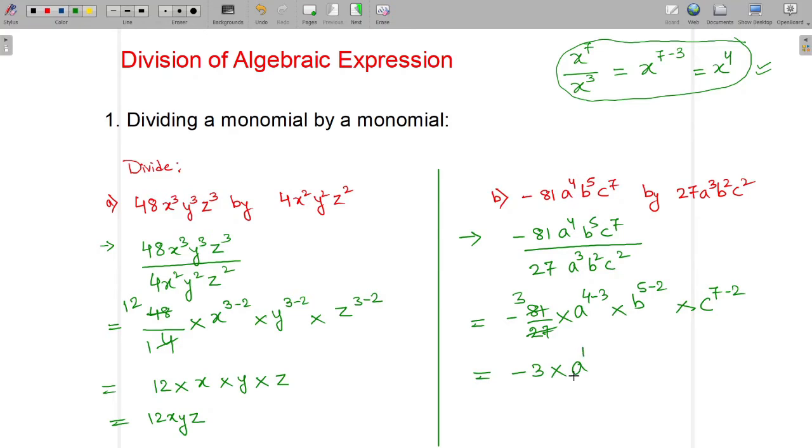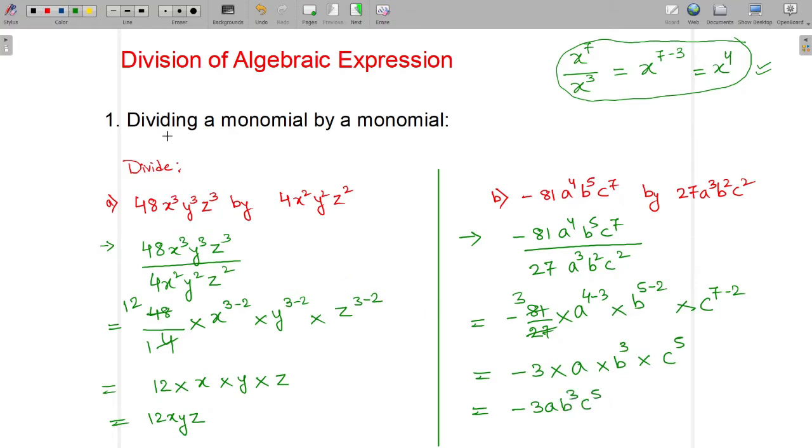We don't need to write power 1, okay? If you don't write anything in the power, that means the power is 1. So only a will be written, into b, 5 minus 2 is 3, so b to the power 3 into c, 7 minus 2 is 5, c to the power 5. So the answer is minus 3 a b to the power 3 c to the power 5.